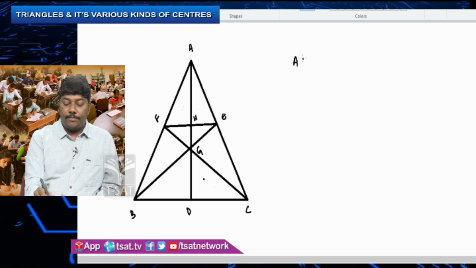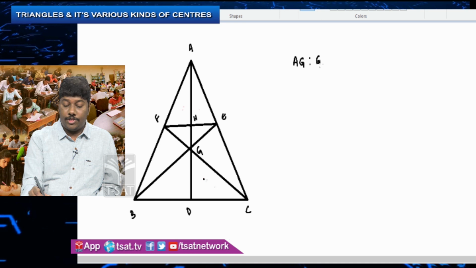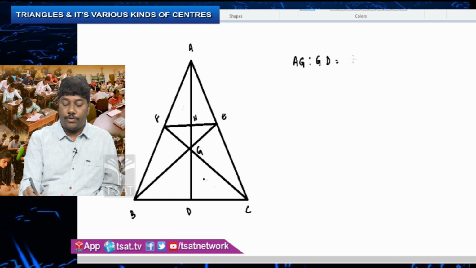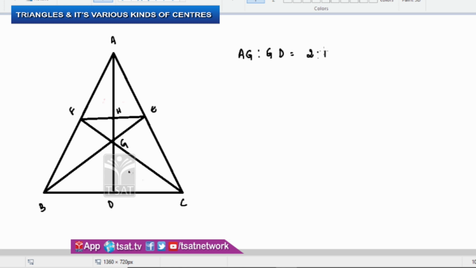We know AG to GD is 2:1, and we also know AH to HD is 1:1. Because EF is the line joining the midpoints, AF to BF is 1:1, and in the similar fashion, AE to EC is also 1:1. Therefore, AH to HD is also 1:1.